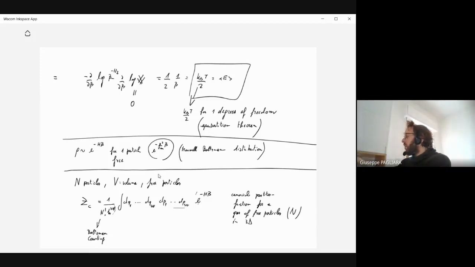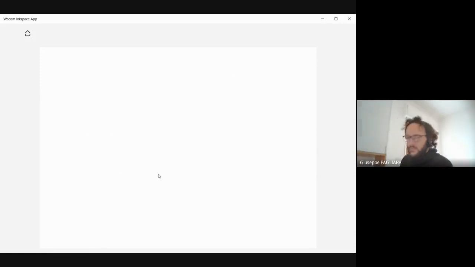Now let me go on and compute this partition function. So Z_c is equal to 1 divided by N factorial h to the power of 3N.